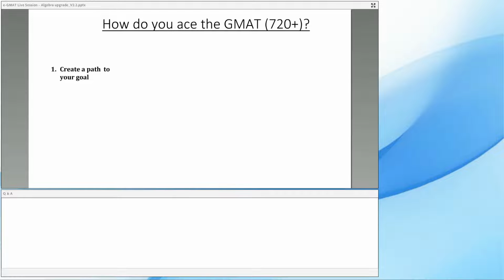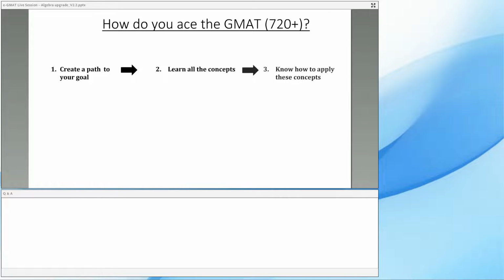To do that, let's see how you get to that 720 goal. First, you need to figure out what your starting point is. Then, when you define your starting point, you also define what areas you need to work on.